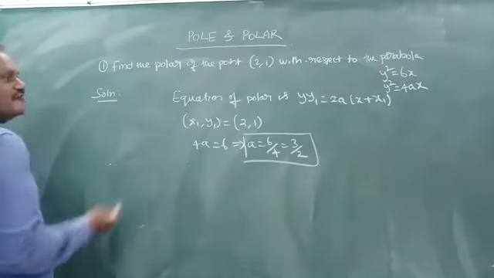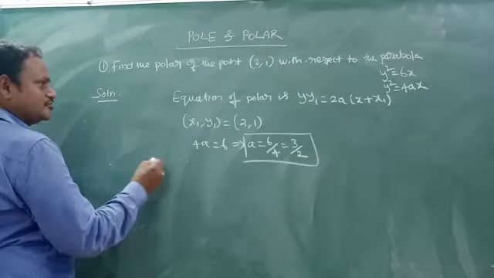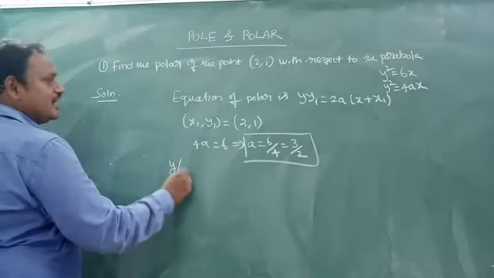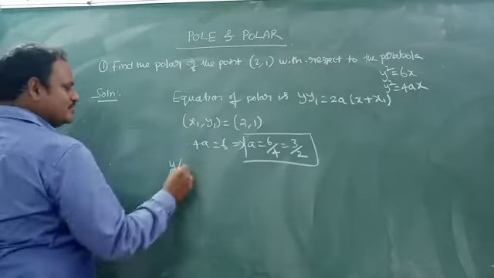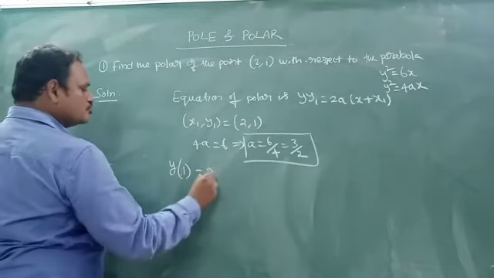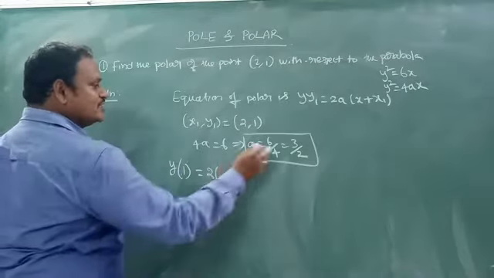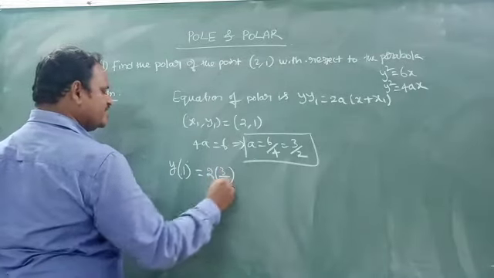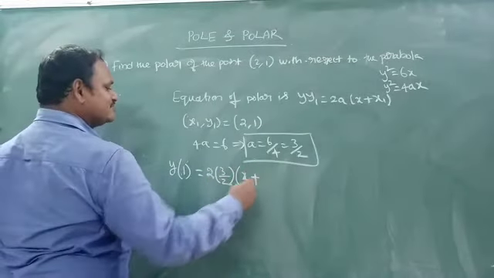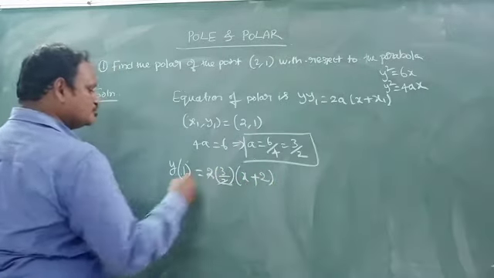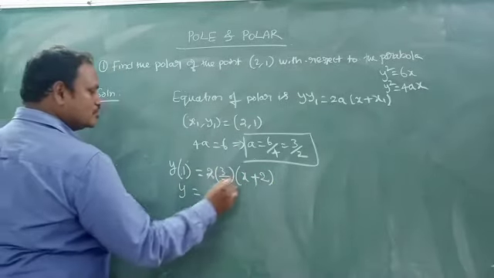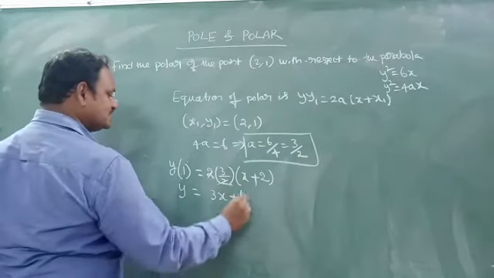Therefore the equation of the polar, we are going to get y1. Already we mentioned, my dear students, y1 is here 1. y1 is equal to 2a, a is 3 by 2, into x plus x1, where x1 is 2. This 2 will cancel. Y is equal to 3x plus 6 we have got.